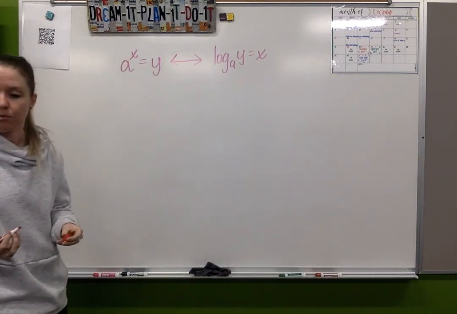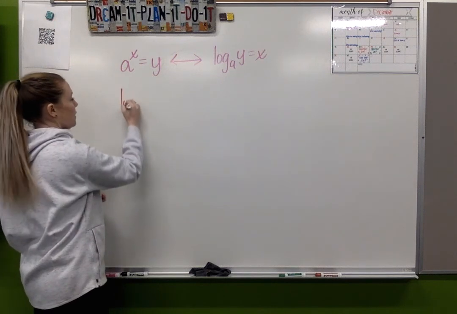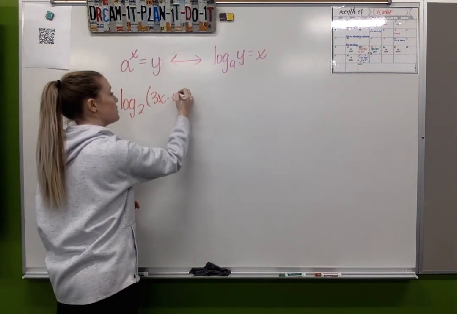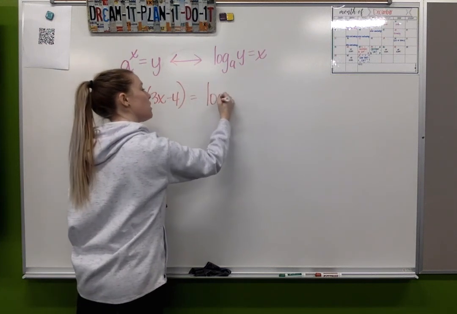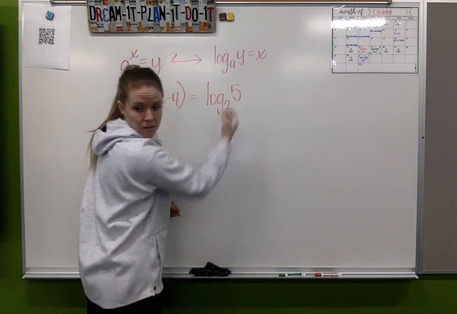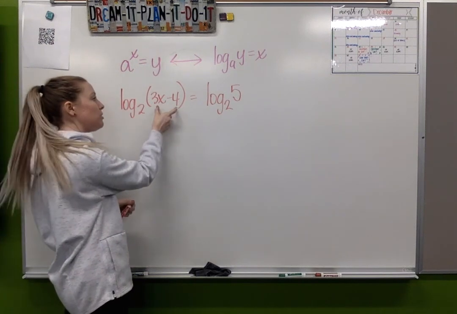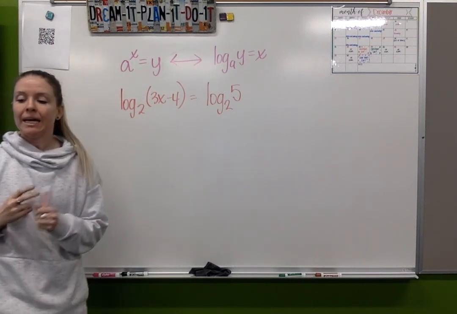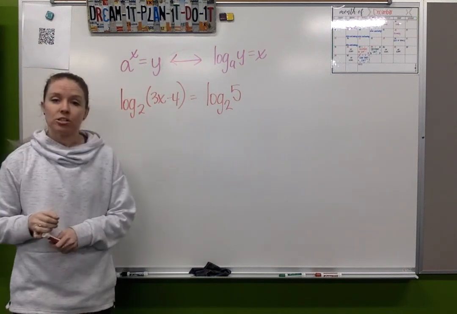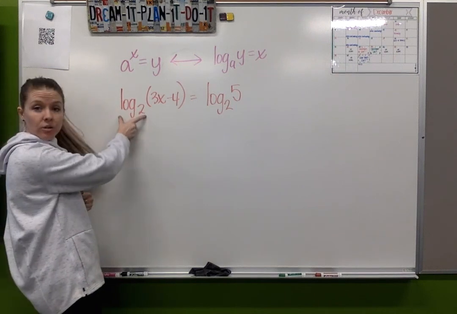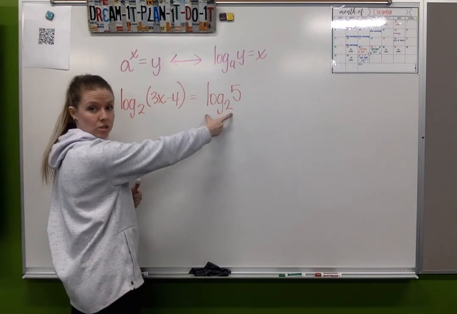So this one, we're going to look at the log base 2 of 3x minus 4 equals log base 2 of 5. Log base 2 of 3x minus 4 equals the log base 2 of 5. All right, log base 2 equals log base 2.